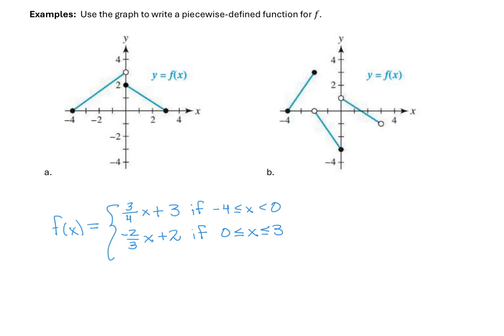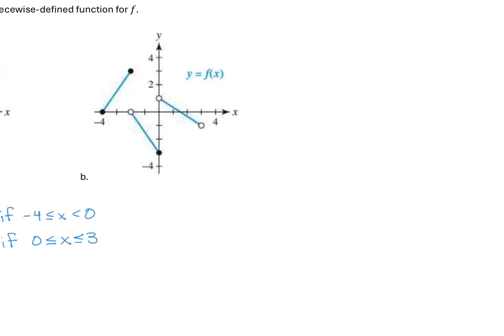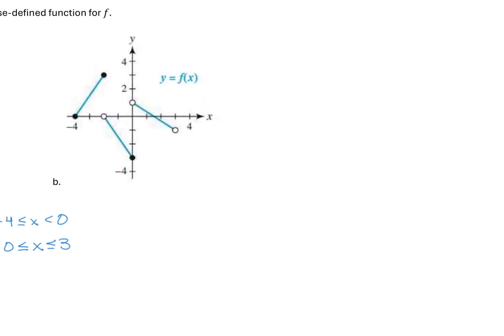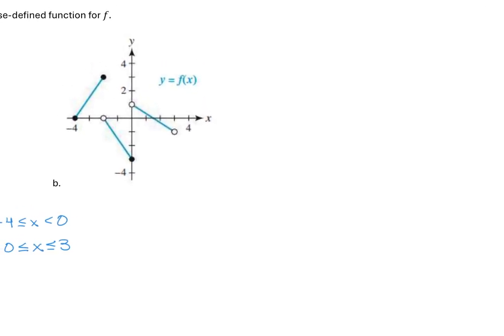All right, now let's go ahead and come to the second one, part B. For part B, this one has 3 pieces. And so we're just going to go ahead and break down each one of these pieces.